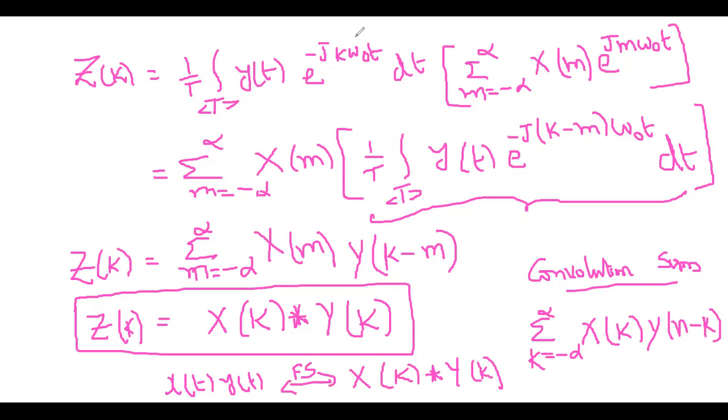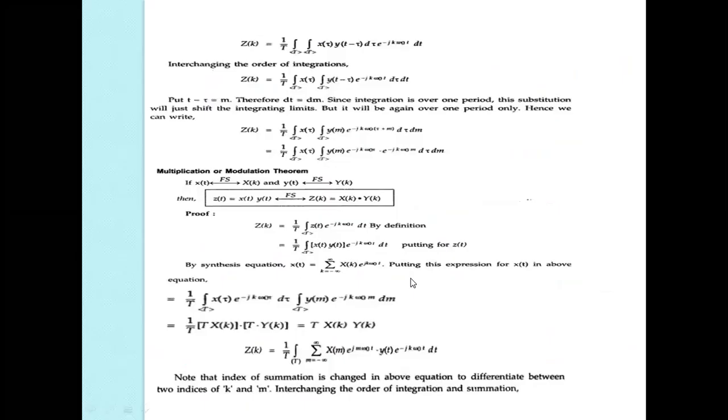Understood? It is also very, very important, my students. Now see how to explain this. This is the multiplication or modulation theorem. X of t, the Fourier series is x of k. Y of t, the Fourier series is y of k.